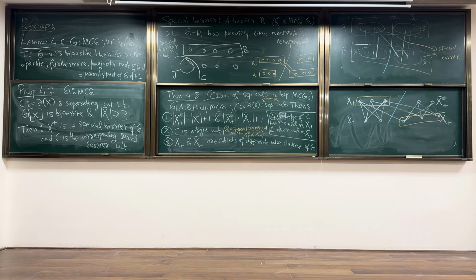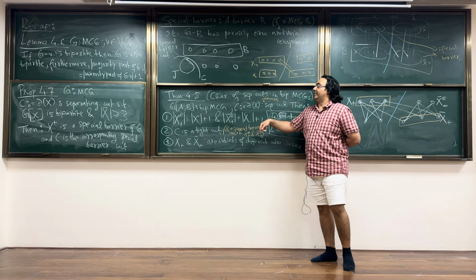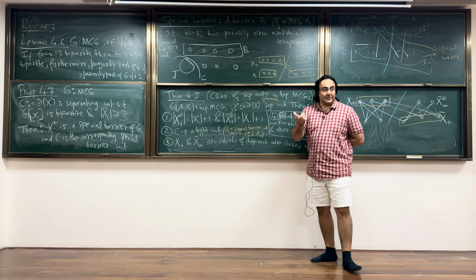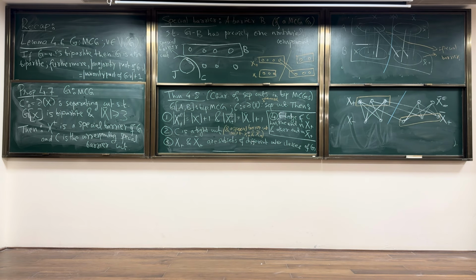The reason it doesn't imply that is because we just started with a separating cut, and then we concluded that this separating cut is indeed a special barrier cut. That does not mean that for every barrier it will be a special barrier cut. There is some barrier for which it is a special barrier cut. But there may be some other barrier for which it is just a barrier cut, but not a special barrier cut.